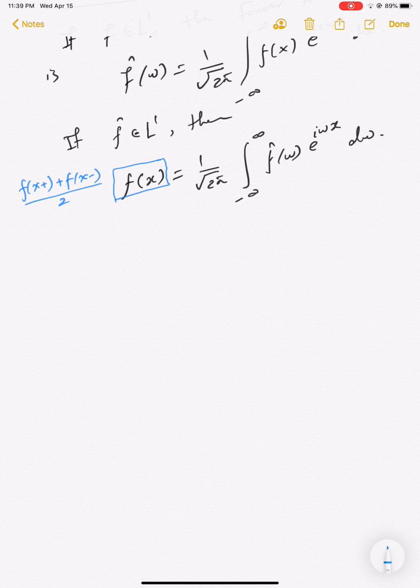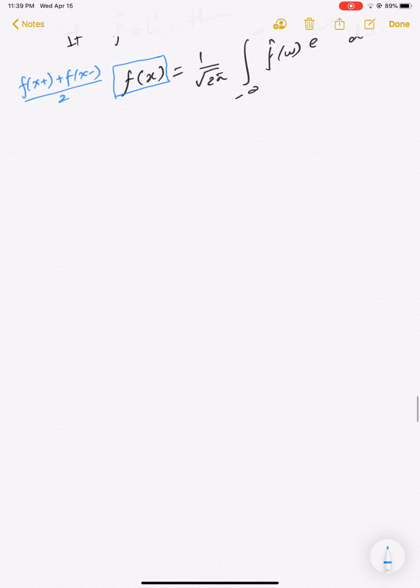Now I'd like to go back to Fourier series and just remember the main topics in Fourier series, to make a little comparison just to see where we are going. So we had Fourier series, then we have the transform. In Fourier series, we had the definition of the Fourier coefficients, the an, the bn, the cn.